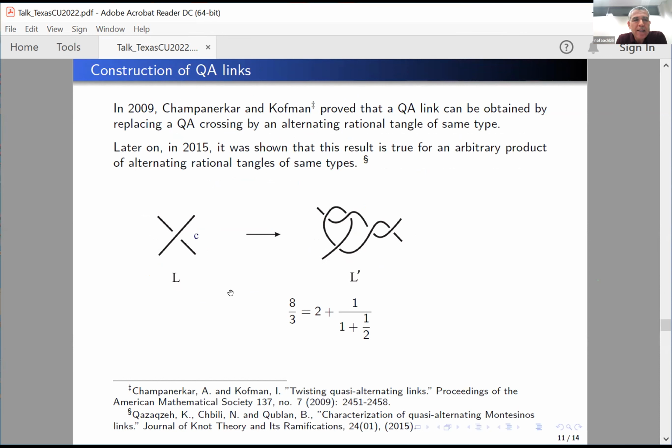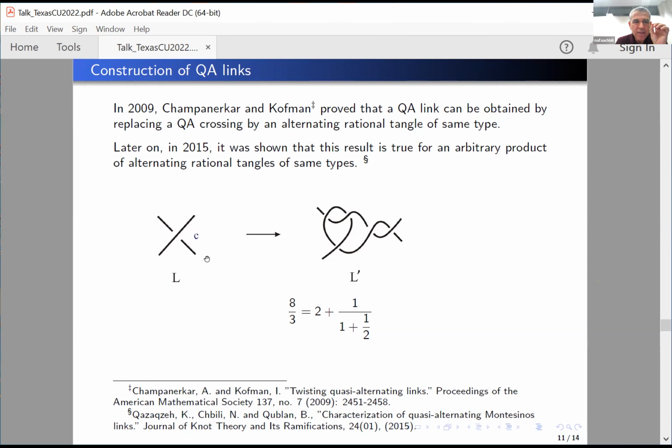So one technique was introduced by Champanerkar and Kofman, by Abhijit and Ilya Kofman. They proved that if you have a link diagram which is quasi-alternating at a crossing C, you can form a new quasi-alternating link by doing the following operation.